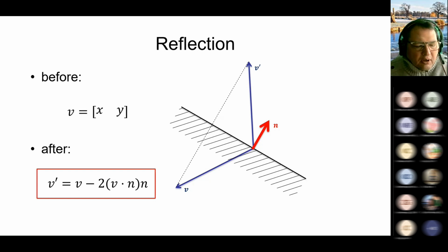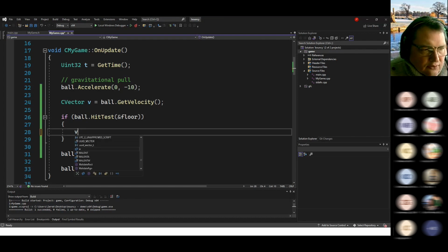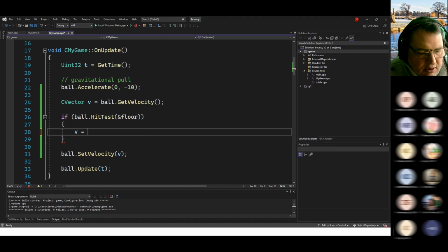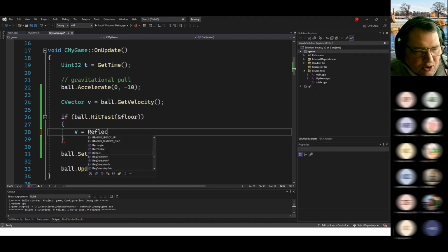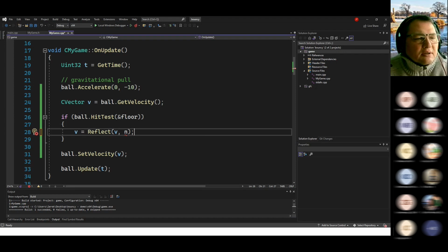Let's apply it to our code. So it will go here, and I will just say v equals... surprise. This is such a fundamental function that CFC has this function built in. Reflect v n.